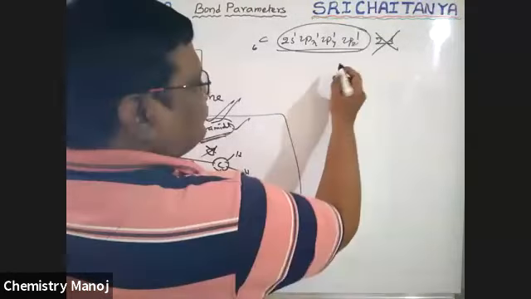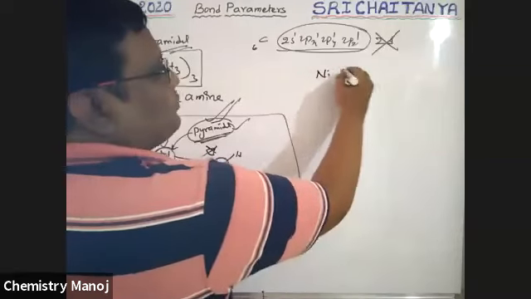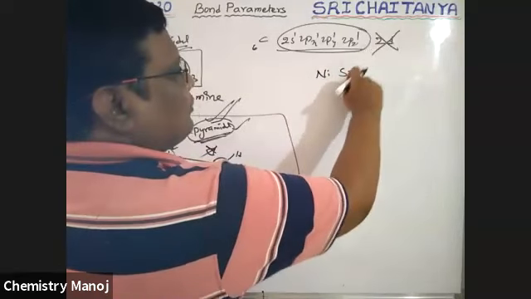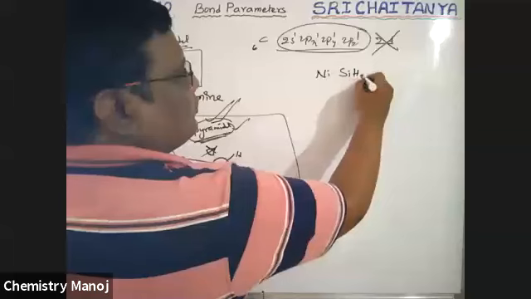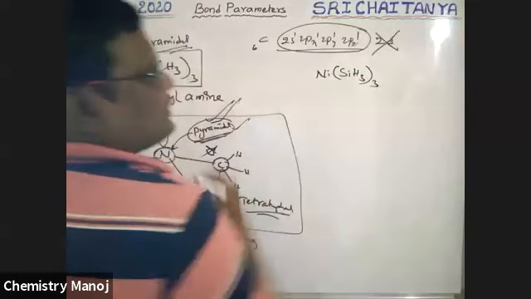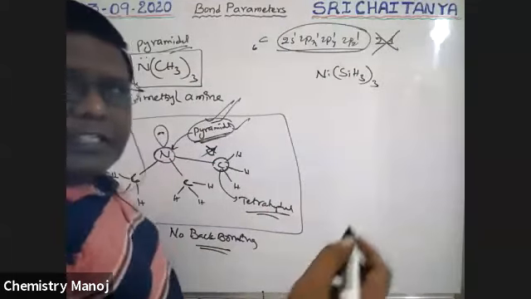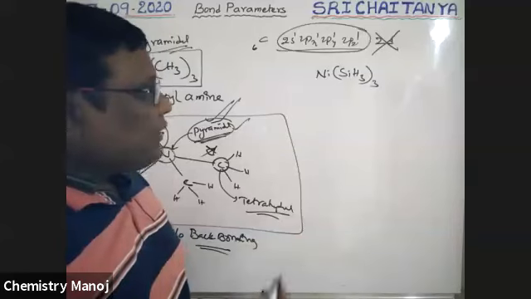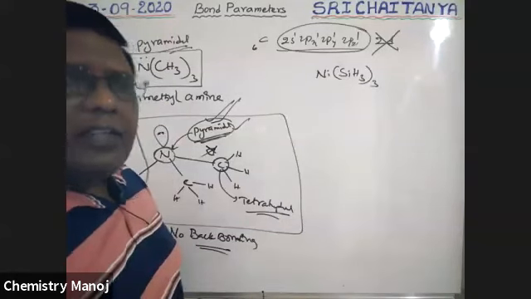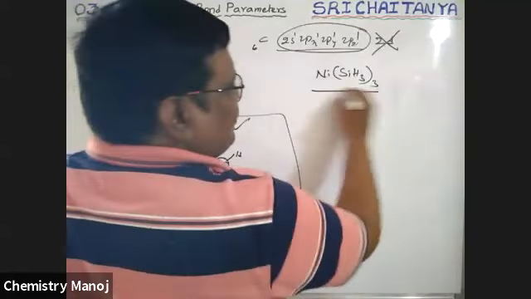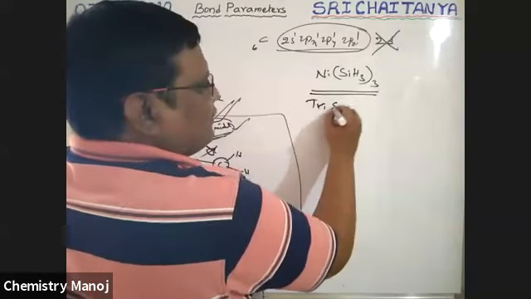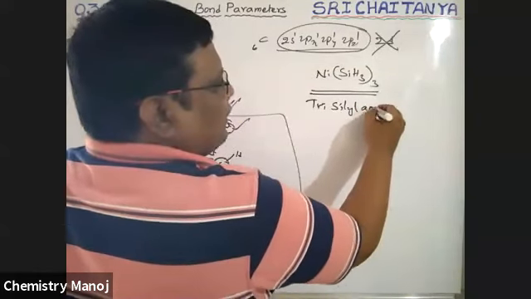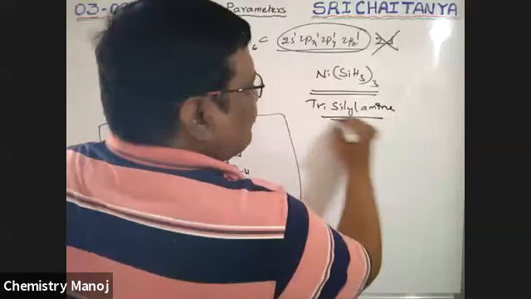Now I am taking one more example, that is N(SiH3)3, where carbon is replaced with silicon. N(SiH3)3 is trisilylamine. It is the name of this compound.